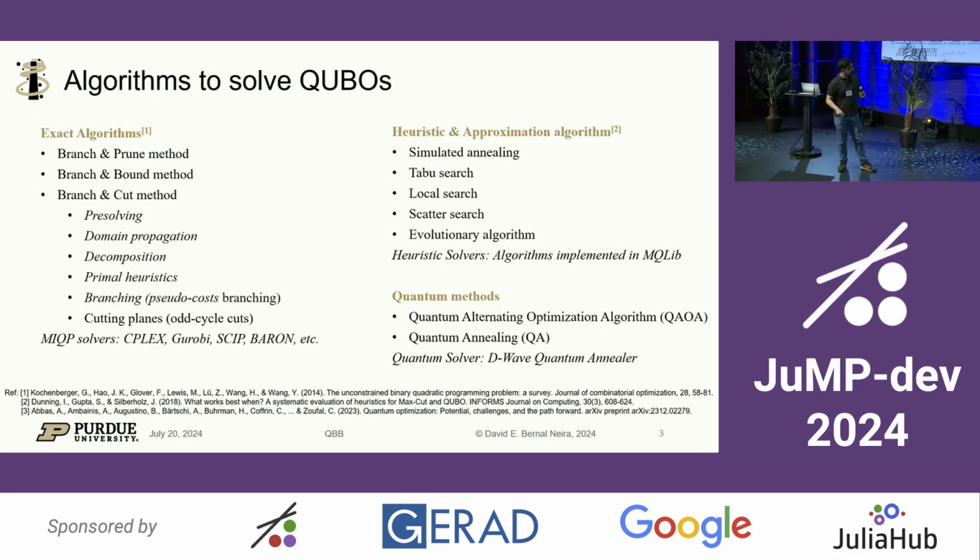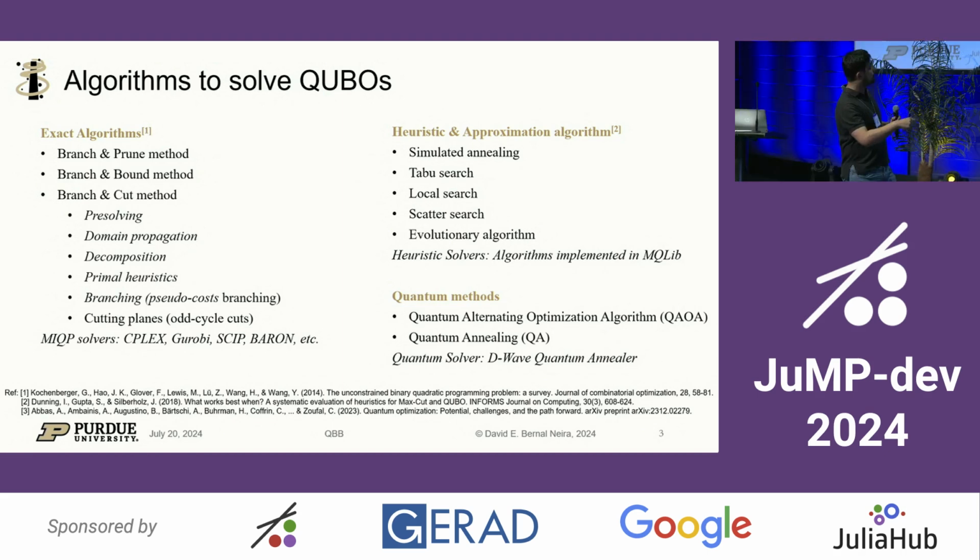So there are several methods out there to address QUBO problems. Some of them are very familiar from the traditional mathematical programming community. We have exact algorithms based on branch and prune, branch and price, branch and check, with all the battery of methods that commercial and open source MIP solvers have available.